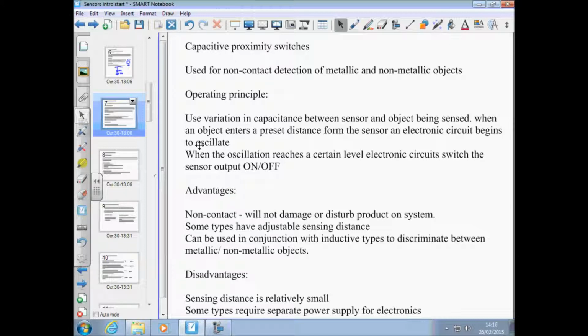When the oscillation reaches a certain level, it switches over. So here we're not looking at a magnetic field, we're looking at a disturbance of the capacitance. Non-contact, again, so they don't disturb the product on the system. Some types have adjustable sensor distance, and can be used in conjunction with inductive types to discriminate between metal and non-metallic objects.